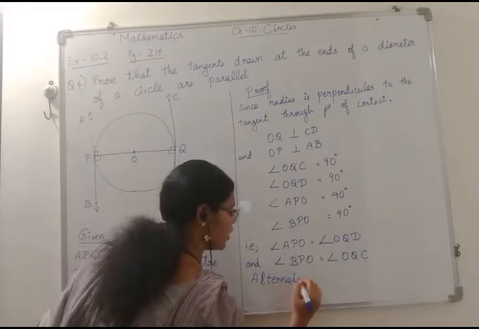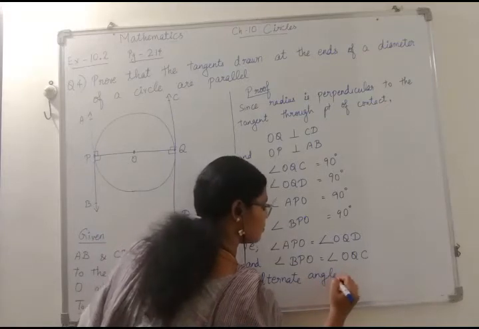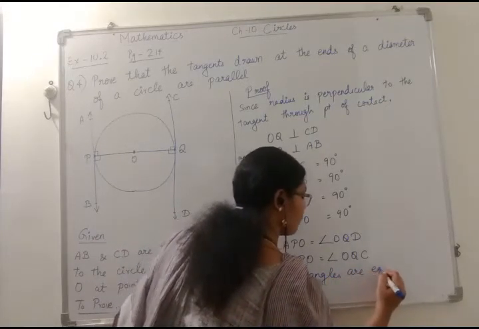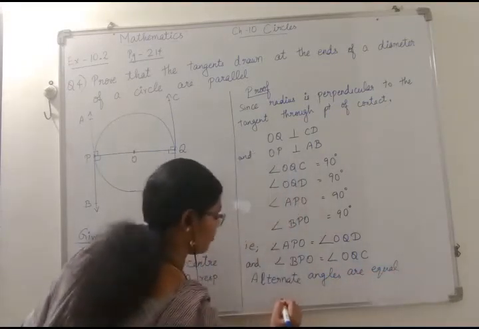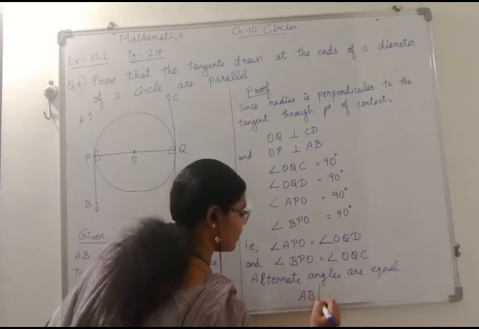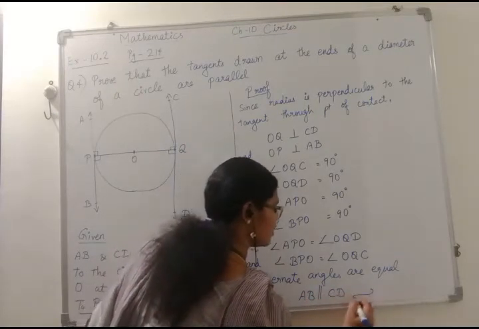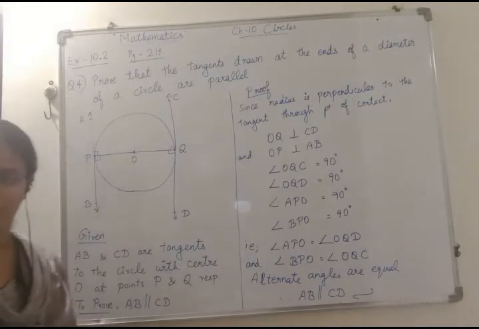Alternate angles are equal. Therefore, AB is parallel to CD. Hence, we have proved it.